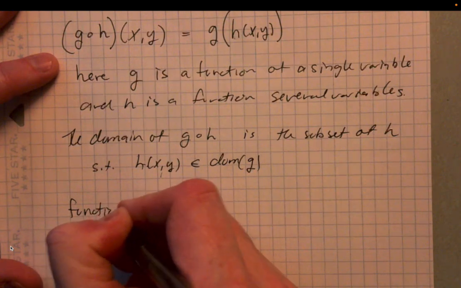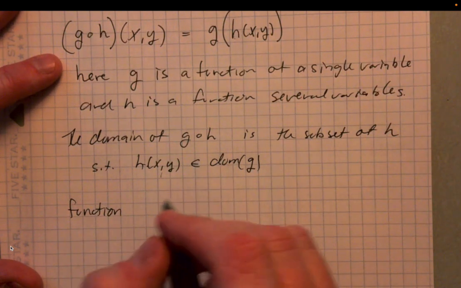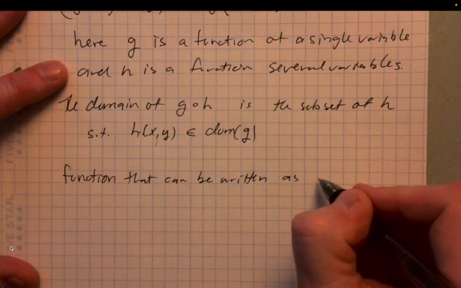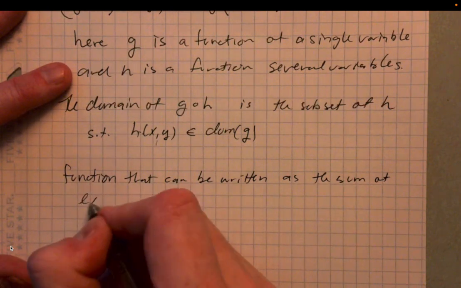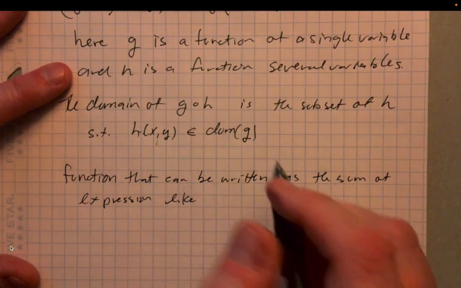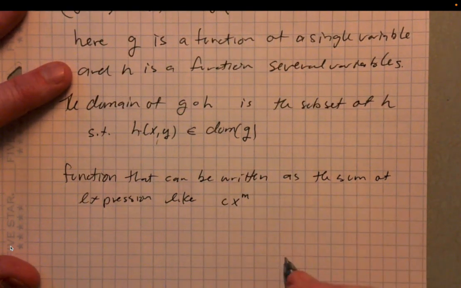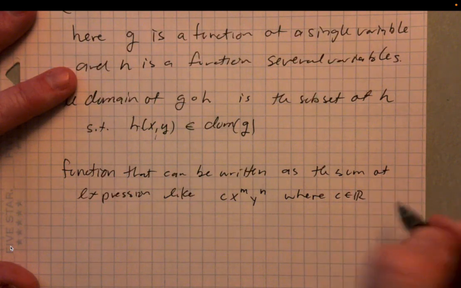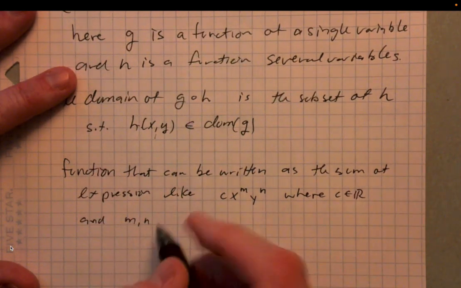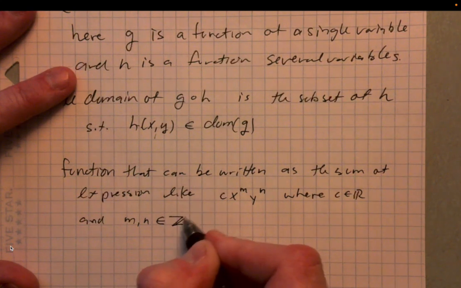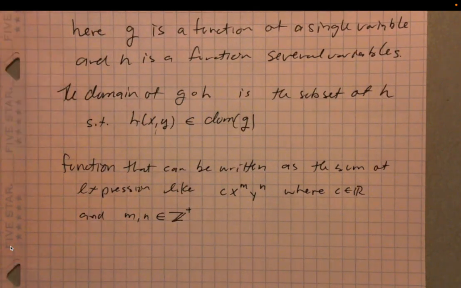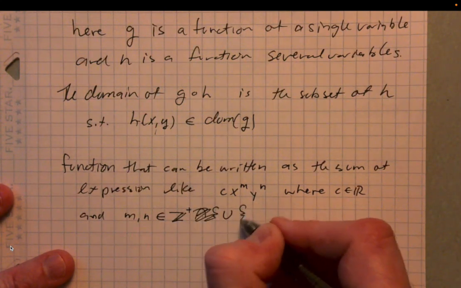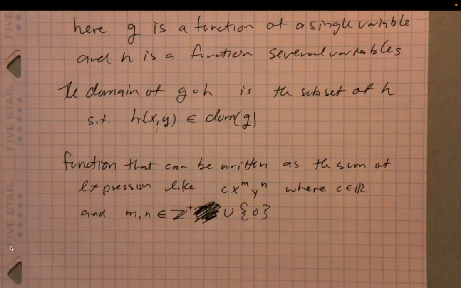So functions that can be written as the sum of expressions like some constant c times x to the m power, y to the n power, where c is a real number, of course, and m and n would be in Z plus, so the positive integers, or 0. So you want to throw the 0 in there as well, of course.